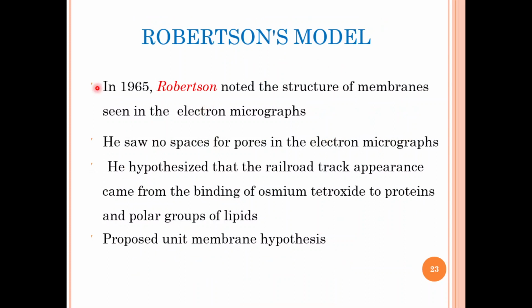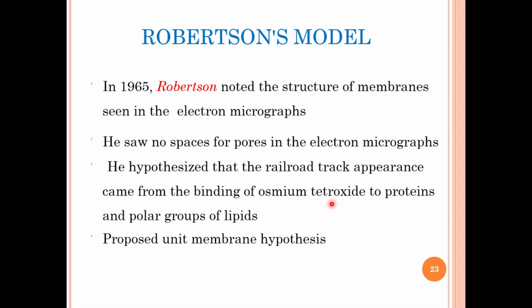Robertson model. In 1965, Robertson noted the structure of membranes seen in electron micrographs. He saw no spaces for pores in the electron micrographs. He hypothesized that the railroad track appearance came from the binding of osmium tetroxide to proteins and polar groups of lipids, and proposed the unit membrane hypothesis.